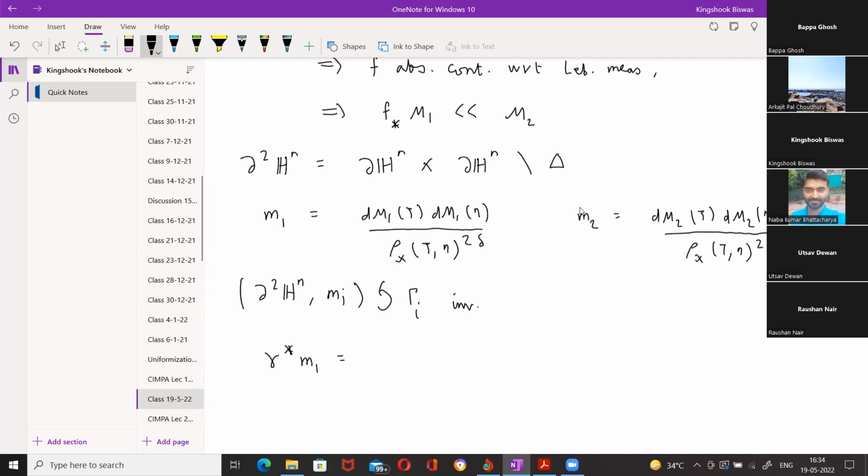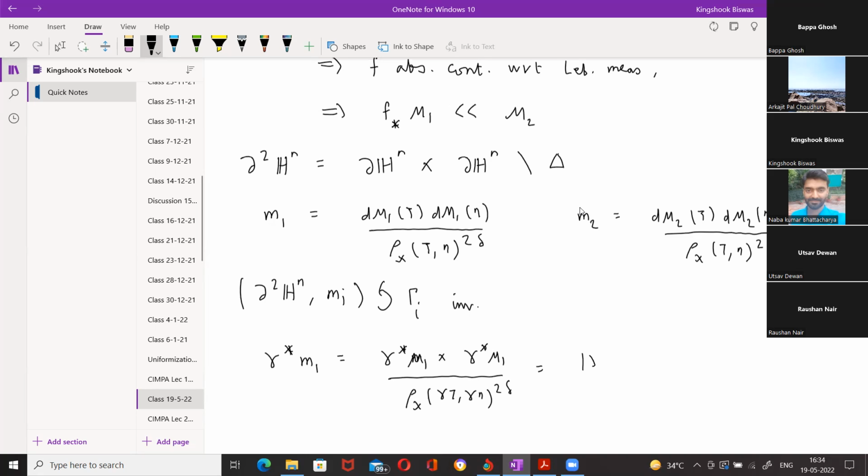So this will be gamma upper star mu 1 cross gamma upper star mu 1 divided by rho x of gamma xi gamma eta to the power 2 delta, and this is equal to this push forward, because this is a conformal measure.